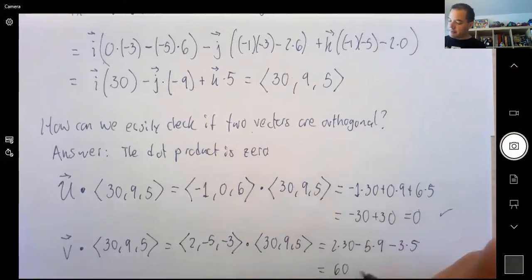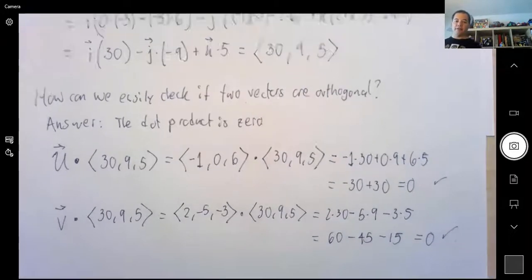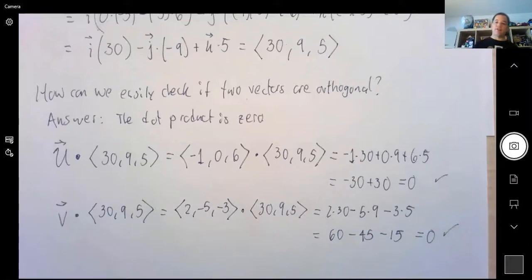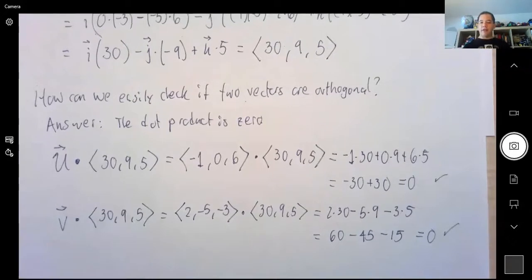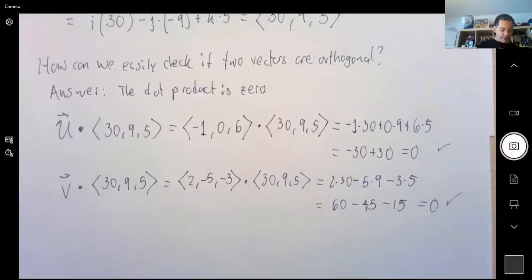That's 60 minus 45 minus 15. 0. Yes. All right. So that just reassures me that we did everything right. I didn't make a mistake, or if I did, it didn't matter because I still found a vector which is orthogonal to both the ones that were given to me. All right.